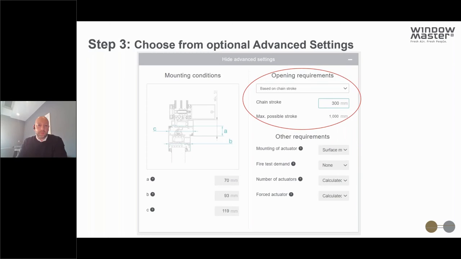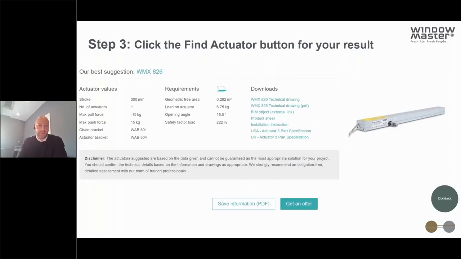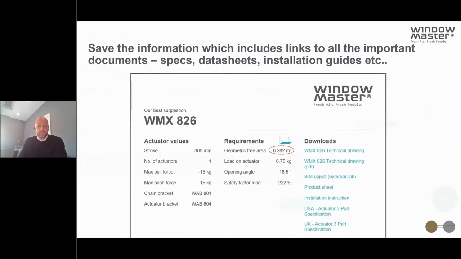And then all you need to do is click Find Actuator, and it will give you a suggested actuator solution and some of the important information that comes with that around your selection. So the forces on the actuator and the opening angle that can be achieved, as well as the geometric free area.